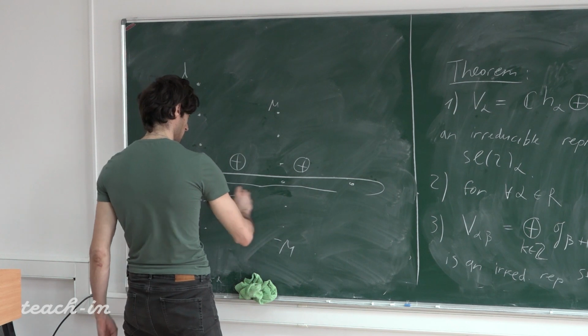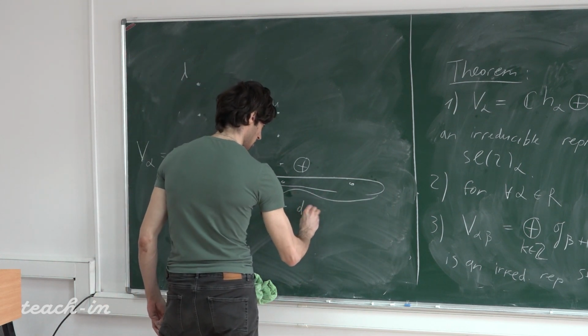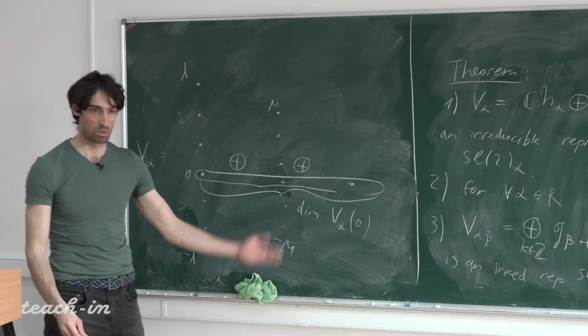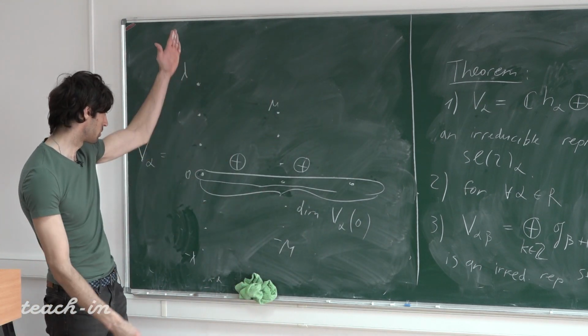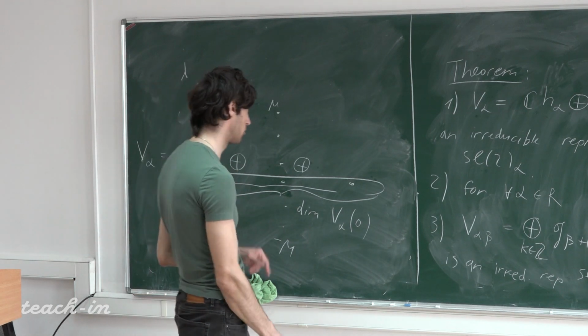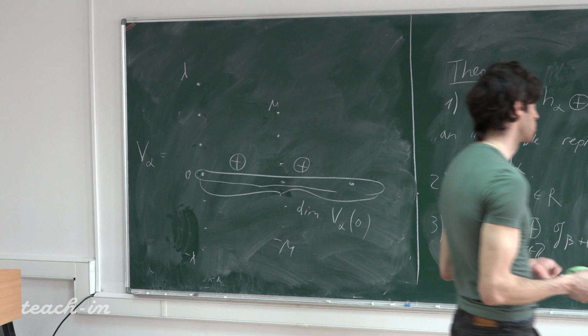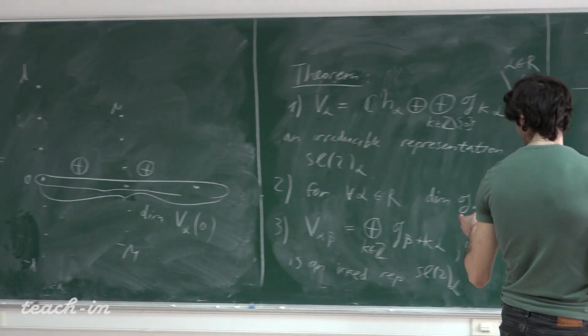It is actually the dimension of V alpha of 0, which we said is 1. Therefore, we just have one line, and V alpha is irreducible. Okay, so we proved the first one.